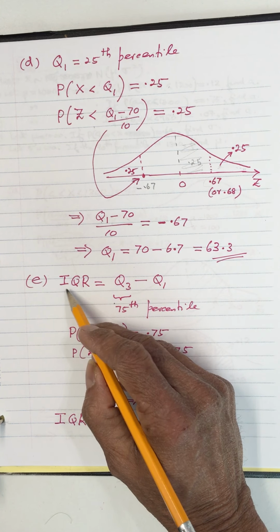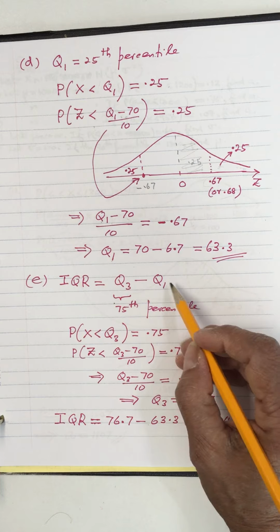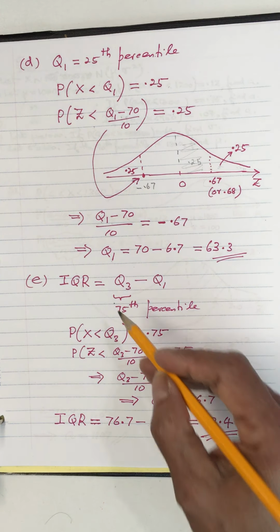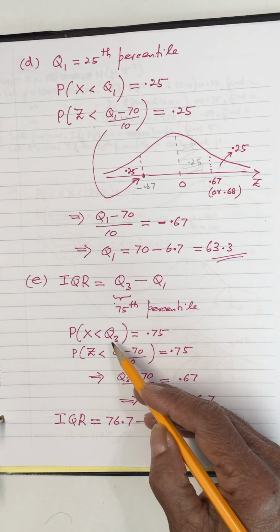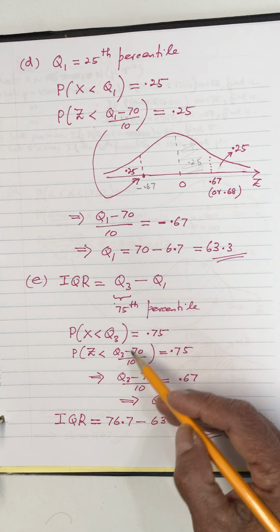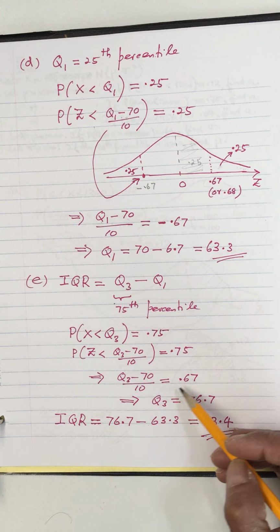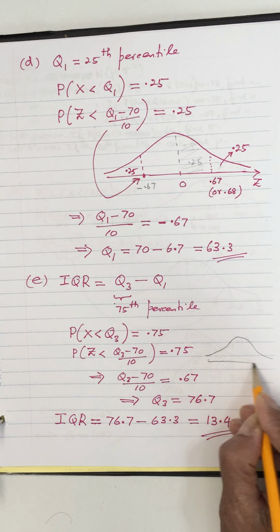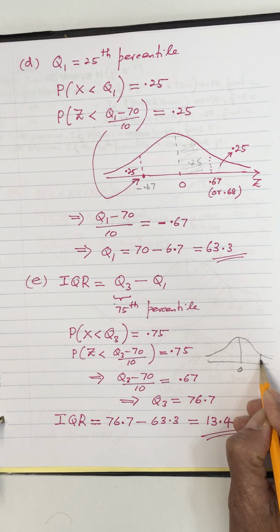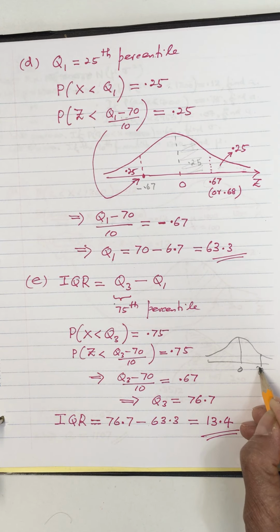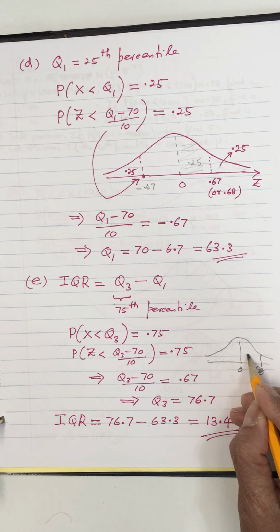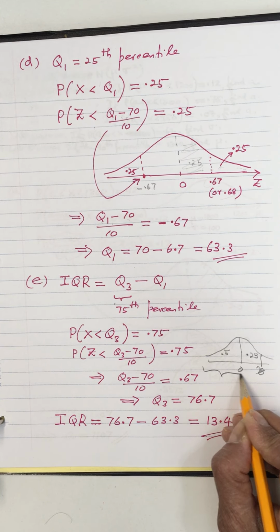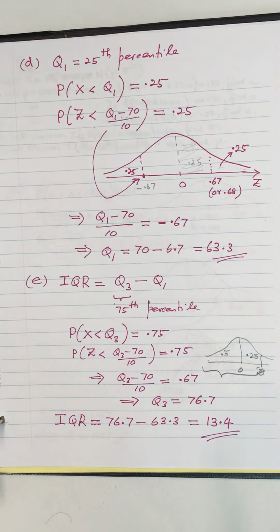If you want the interquartile range, we already know Q1. So find Q3, which is the 75th percentile. Here you write the equation again, but it is going to be the other way around now. Here the 0 up to whatever this value, you're looking at 0.25 here because this is 0.5. This is going to be 0.75.